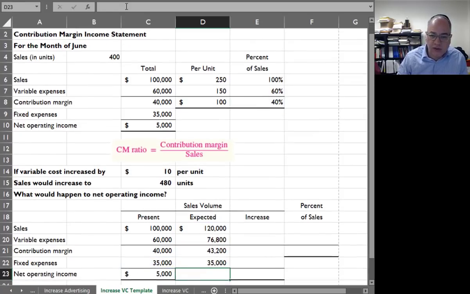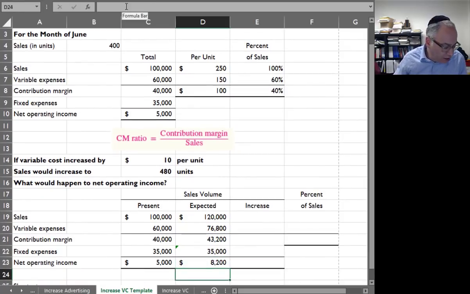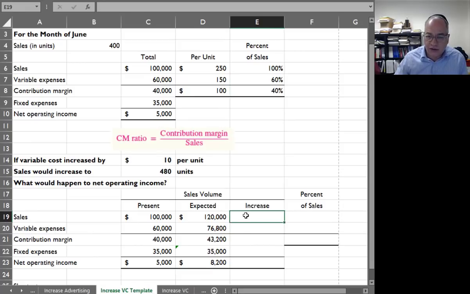Fixed expenses are going to stay the same, and net operating income is going to increase by $3,200. So you're going to have here an increase in sales of $20,000, an increase in variable expenses of $16,800, and you're going to have an increase in contribution margin of $3,200. You're going to have an increase in fixed expenses of 0, and you're going to have an increase in operating income of $3,200.